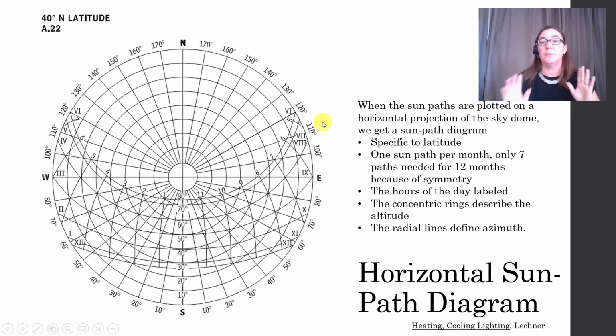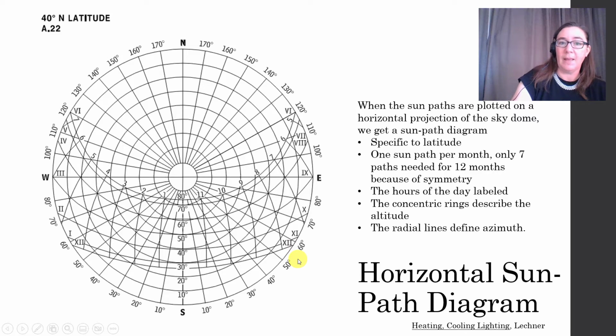On this diagram, there is one sun path shown per month, and they specifically pick the 21st of every month, but that's beside the point. But we only see 7 paths on this diagram because our year is symmetrical. And this particular diagram has them shown with Roman numerals. So you can see 12 here is for December. And I've labeled them.